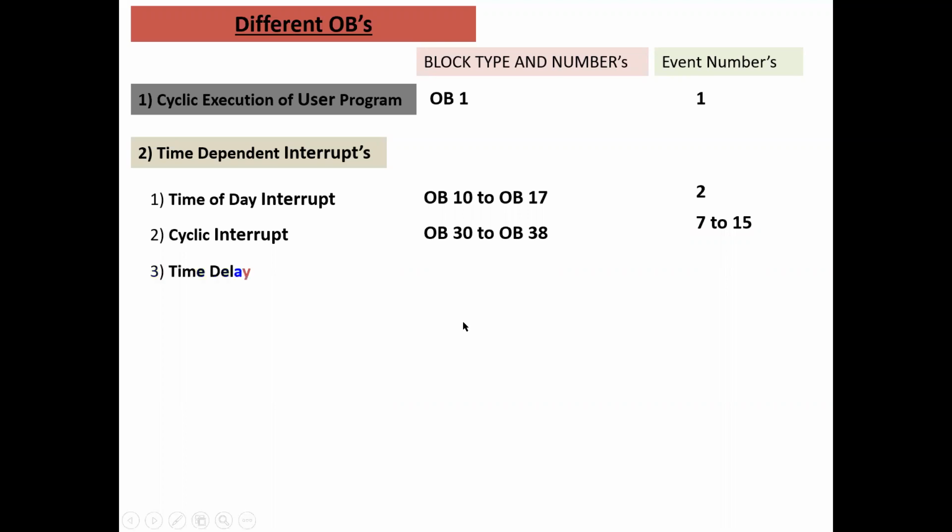Similarly, we have time delay interrupts. Time delay interrupt means if there is any error, I want to generate some delay. For that you can use time delay interrupt blocks. These OBs range between OB number 20 to 23, but these options are generally available for S7-1200 series high-end controllers, where we are using a large number of analog signals.